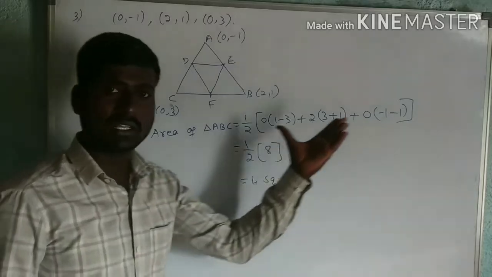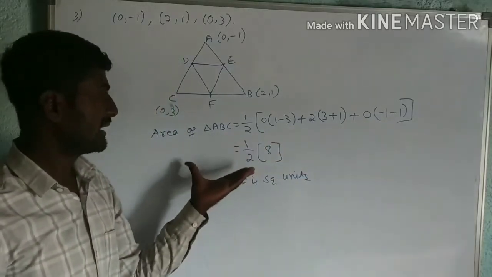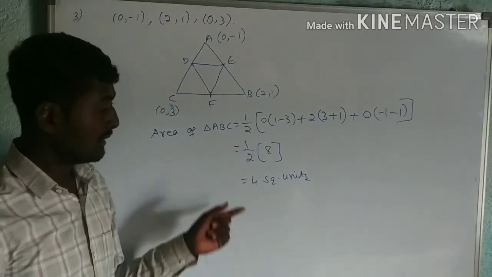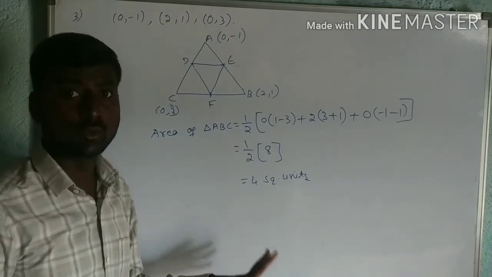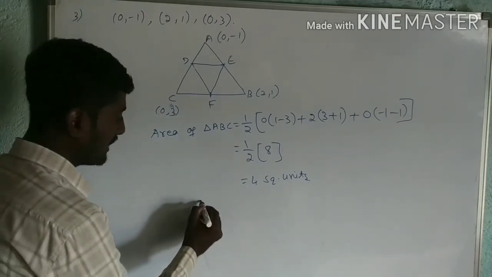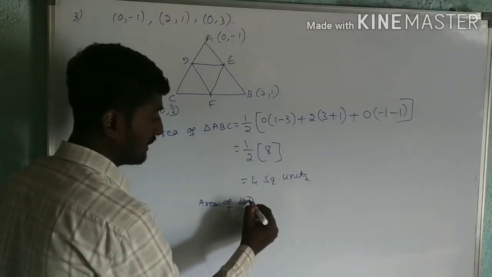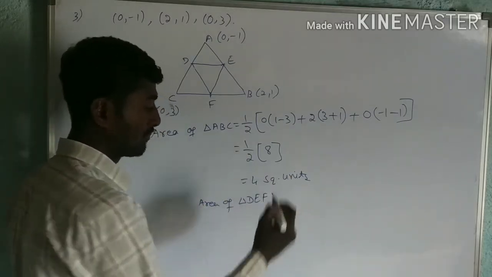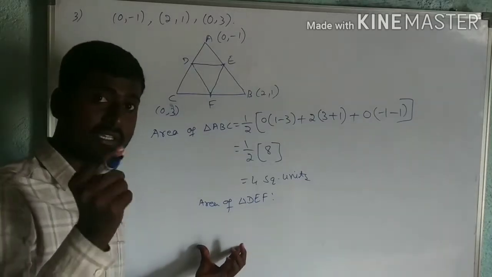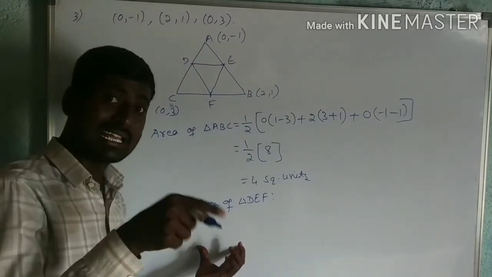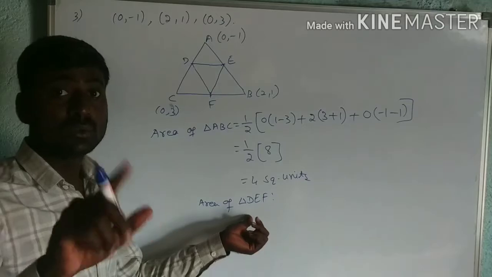So I already got the area of triangle DEF and the area of triangle ABC. But now I should write the ratio. So ratio is what? Area of triangle DEF. They ask you to find the area of this triangle, this triangle means DEF, to the given triangle.